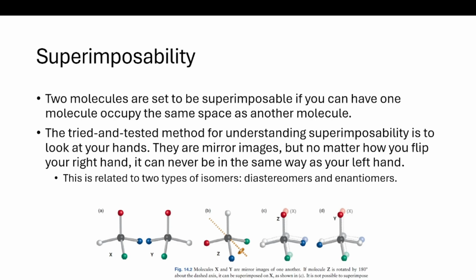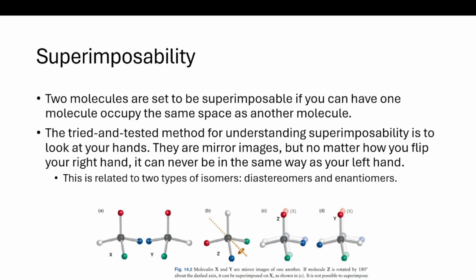But say I want to see whether these hands are superimposable. I can flip my right hand, but no matter how I flip it, it will never look exactly like my left hand. This concept is related to two types of isomers that I will get to in later slides, which are diastereomers and enantiomers.